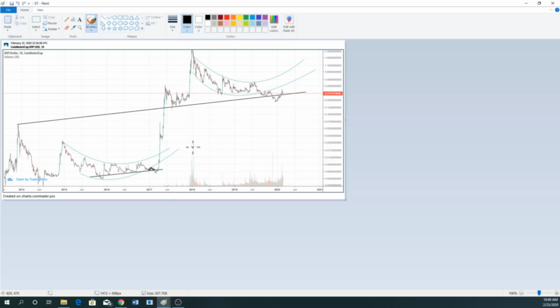Now, if you zoom really out and try to point this out, this is what you actually get. Now you can understand where we are right now, right? Because this is resistance here, this turned support here, was acting support here, now here was a resistance again. Hopefully this is a support here, and this support kind of aligns with the rounded bottom or the head and shoulders, whichever pattern you want to decide.